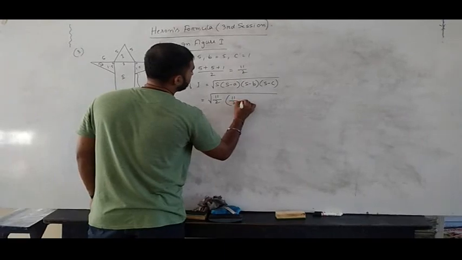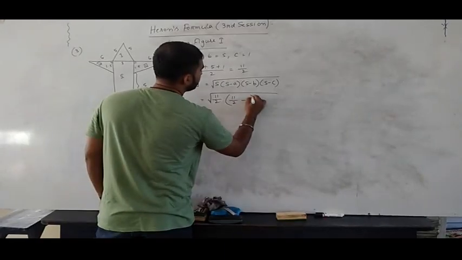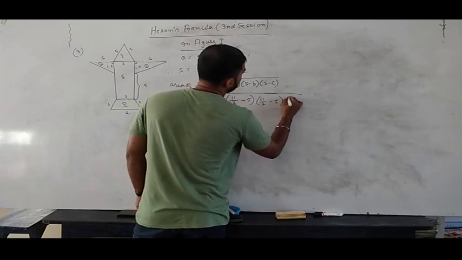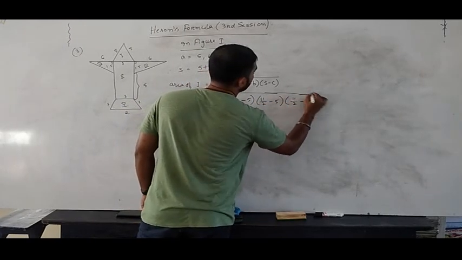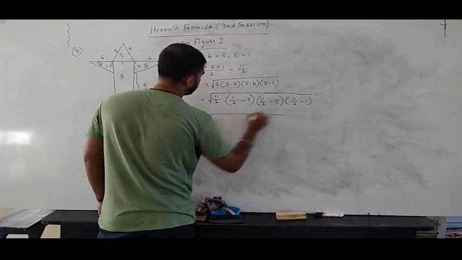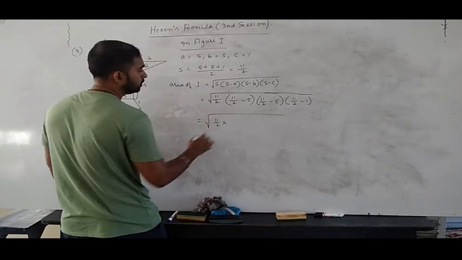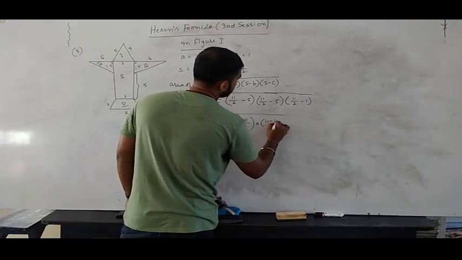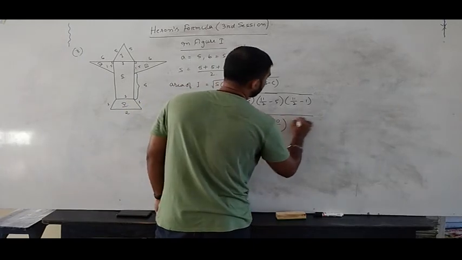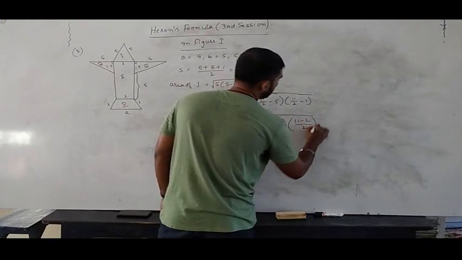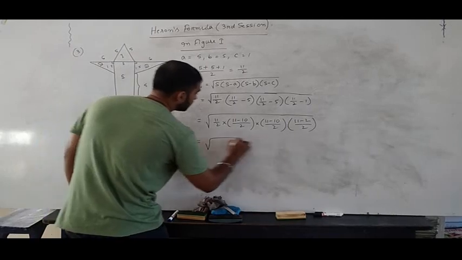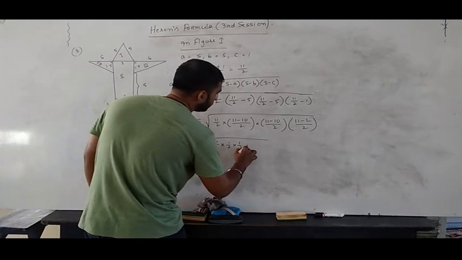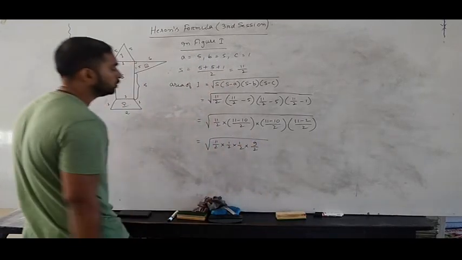So 11 by 2 minus A means 5, 11 by 2 minus 5, 11 by 2 minus 1, which implies 11 by 2 into (11 minus 10) by 2, (11 minus 10) by 2, (11 minus 2) by 2, which is equal to 11 by 2 into 1 by 2 into 1 by 2 into 9 by 2.